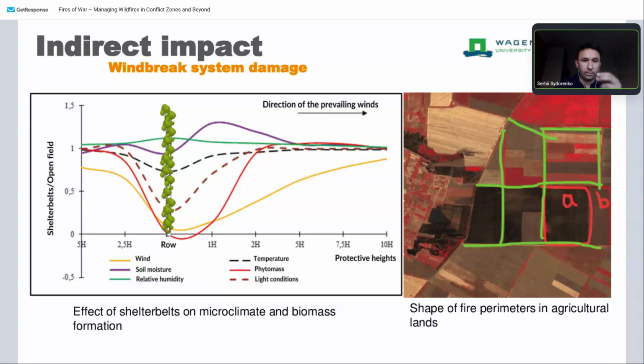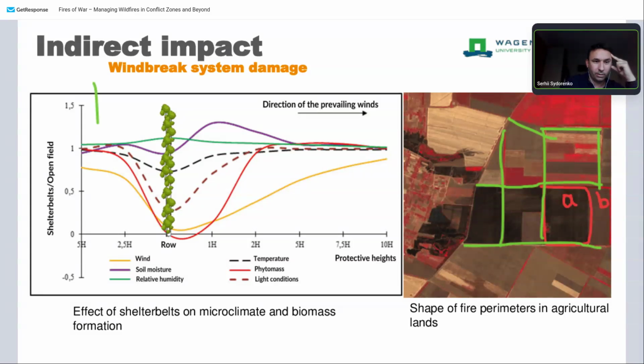And here on the graph, actually, it is results from my wife's PhD, and she's not a fire researcher, she's an agroforester. But here it is important to see how wind speed changes when wind is approaching a windbreak.